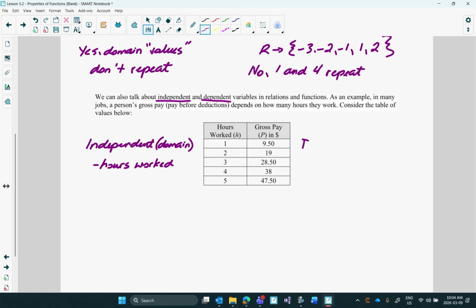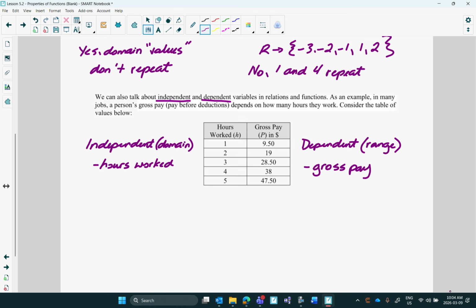The dependent is the second column, which contains all the range. So in this case, it would be gross pay. Do we know the difference between gross pay and net pay? Gross pay is what you get before any deductions are taken off.